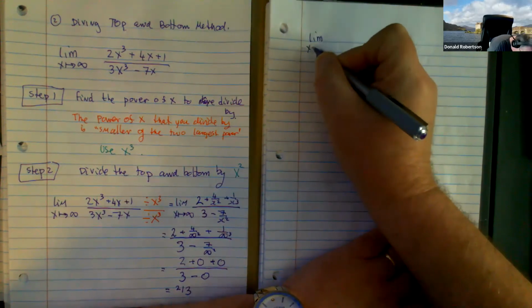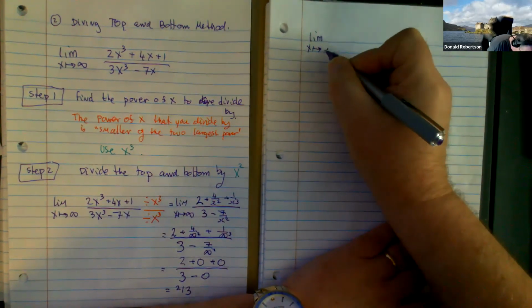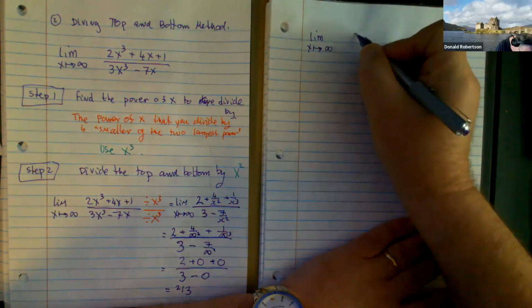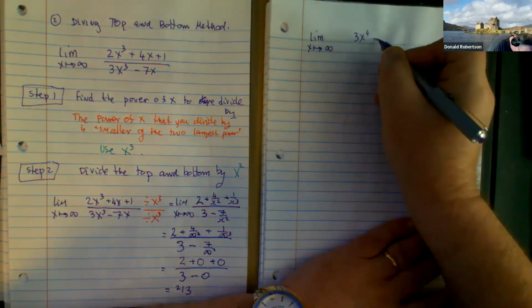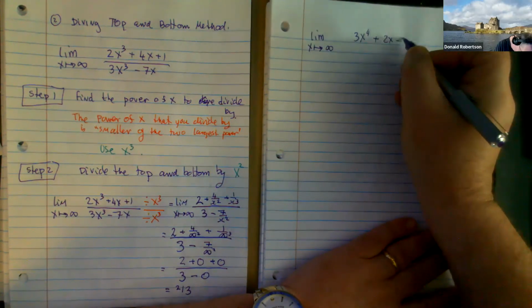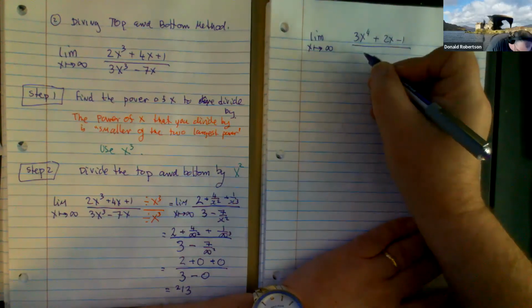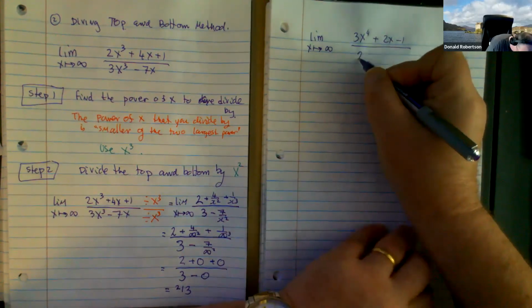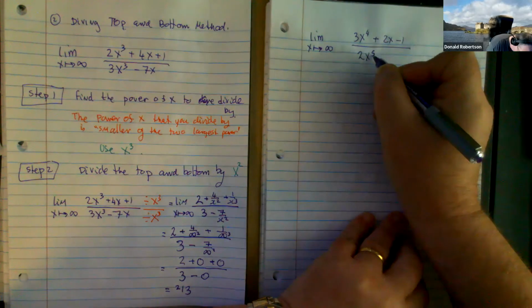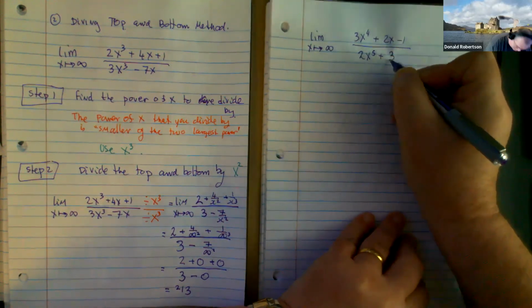Let's do the limit as x tends to infinity of 3 over x to the 4 plus 2x minus 1, and on the bottom, 2x to the 5 plus 3.